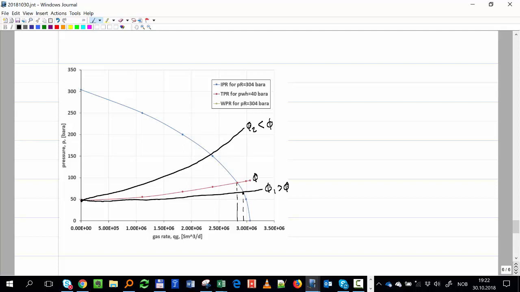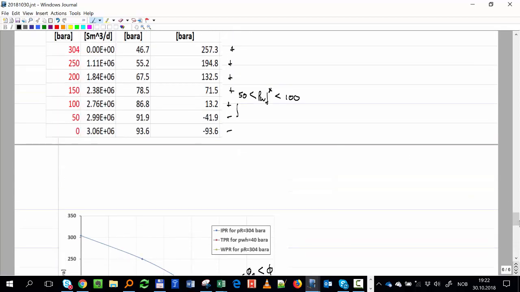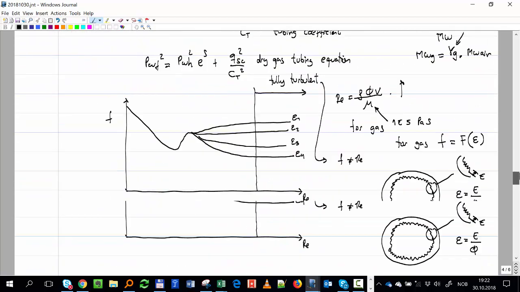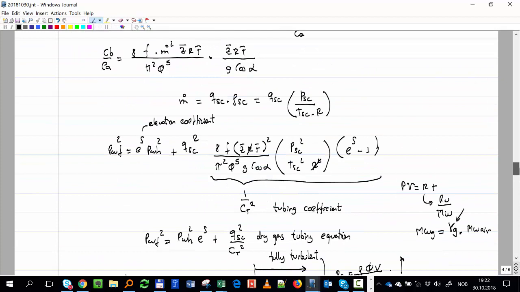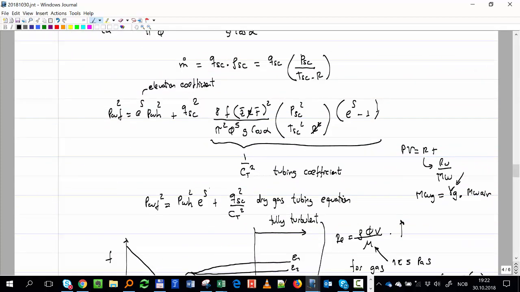How does that reflect on the CT? If you remember the equation of the CT, we have to go way back. CT is essentially proportional to phi to the 5.